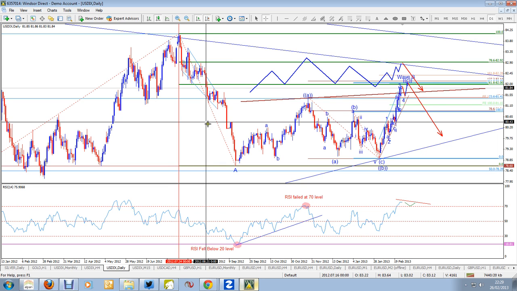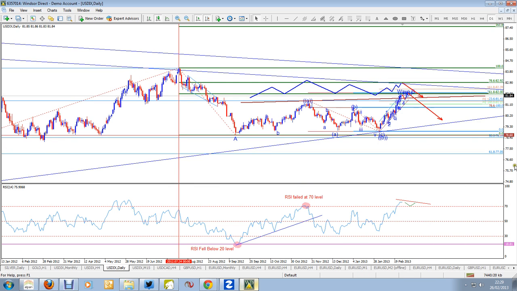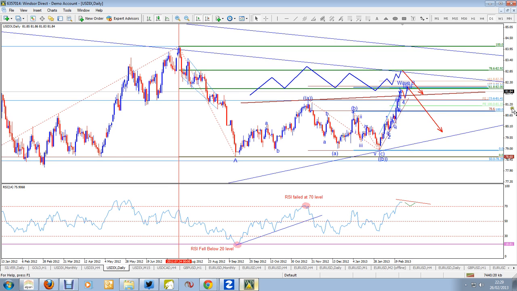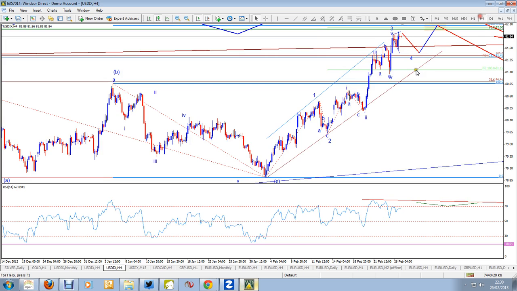So we might finish with an AB equals CD leg, taking us to possibly as low as 76. So I think the dollar index will weaken, but at the moment it seems to be continuing higher, and therefore we have to keep that in mind. But based on the wave count, it is almost coming to an end, and we should be expecting most likely a top to be formed.